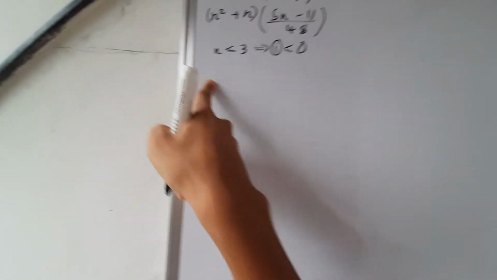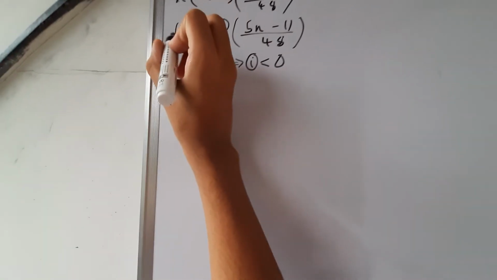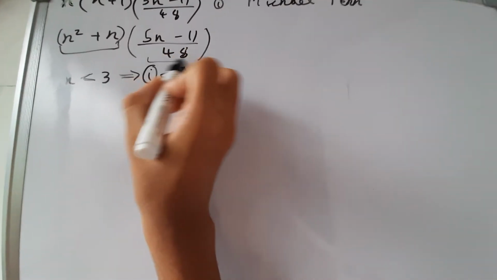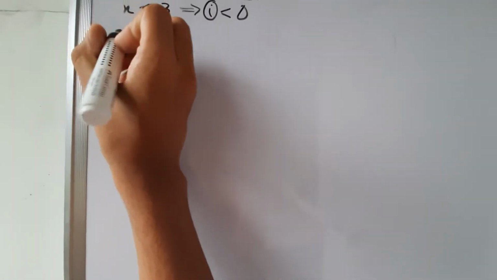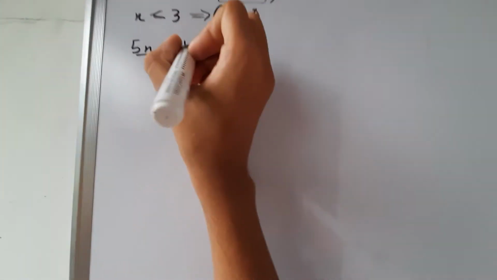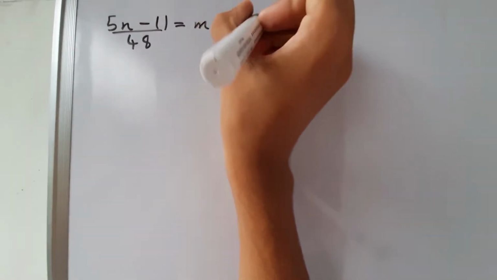Of course we want this to be an integer, and we know that this part is surely an integer because n is an integer. But we don't know if this part is an integer and we want it to be. So why not generalize this? We want phi n minus 11 upon 48 to be some integer, say m.